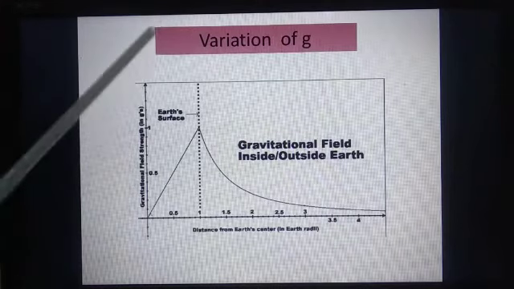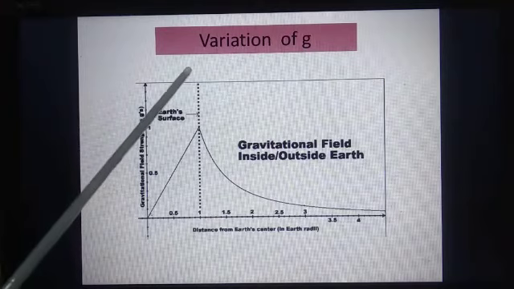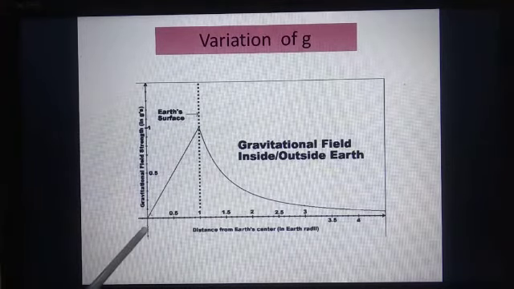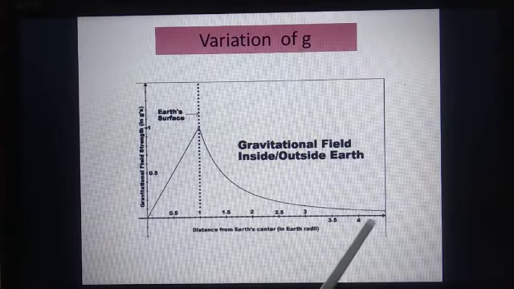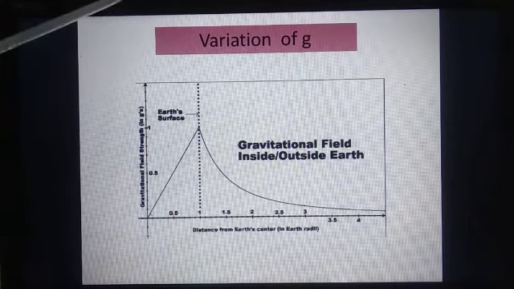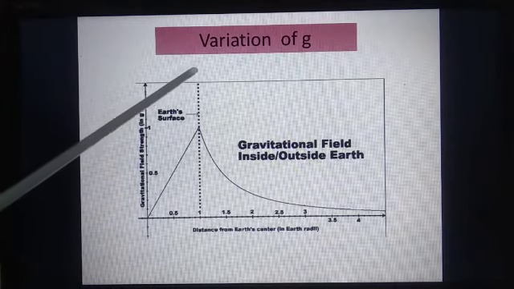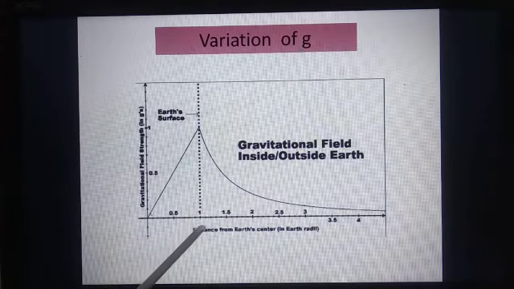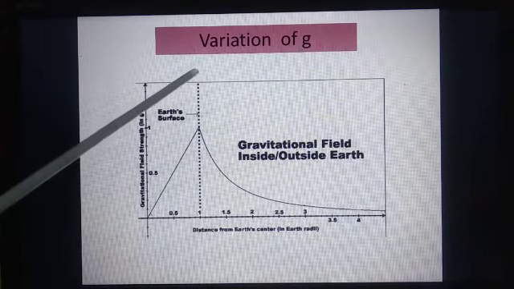This is the variation of g. Here we mention the surface of earth. We take the distance or the radius along the x-axis and the gravitational field strength along the y-axis. Here we know that the value of acceleration due to gravity is maximum on the surface of earth.